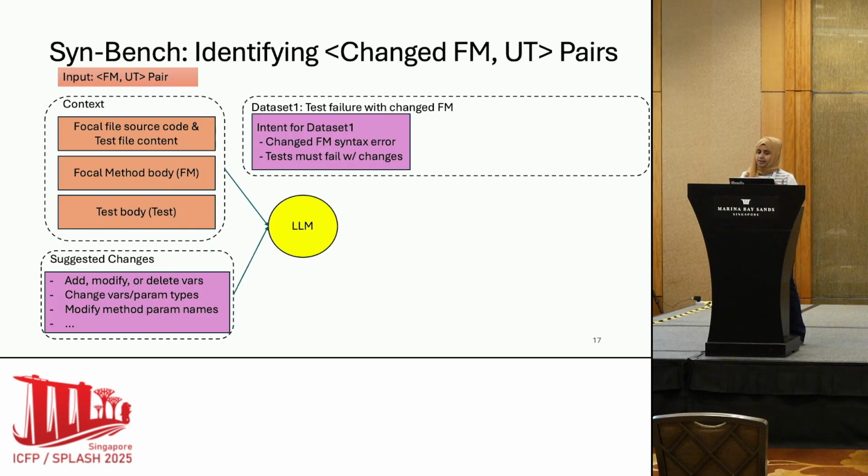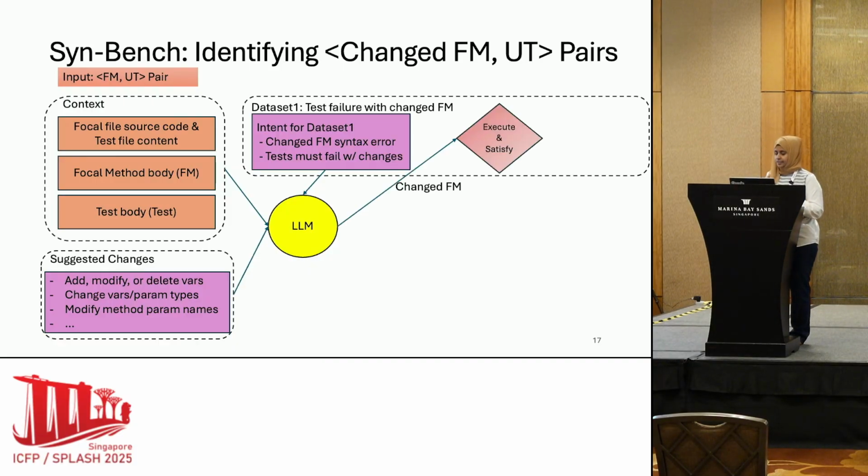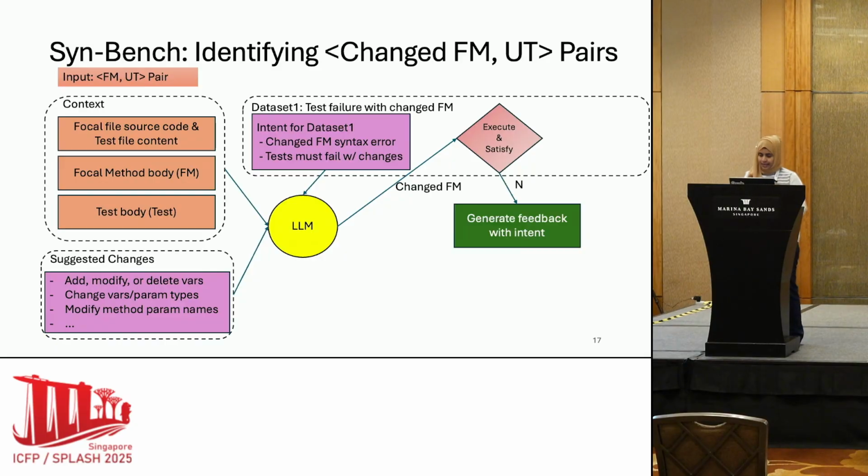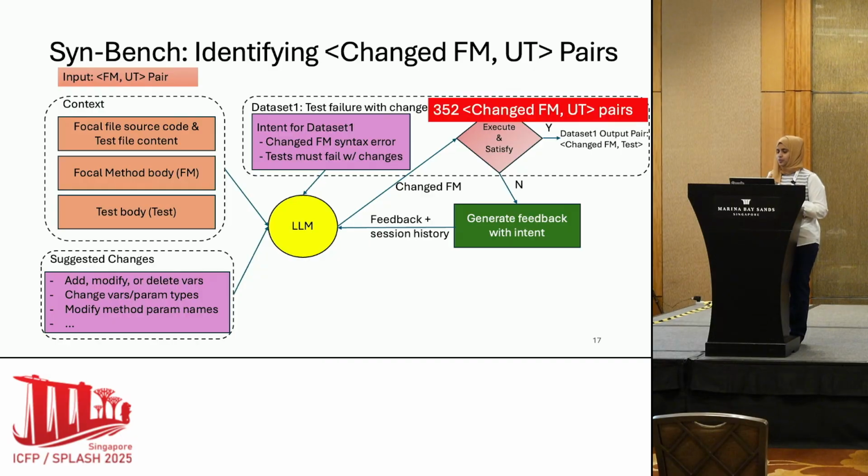Our intent is to measure whether UTFix works when there is some assertion failure in our dataset. That's why we also instruct our intent to the LLM, and we execute the code generated by the LLM and check if it satisfies our intent or not. If it does not, then we again give feedback. Otherwise, we consider it a valid instance of our dataset. Following this way, we get 352 total pairs.